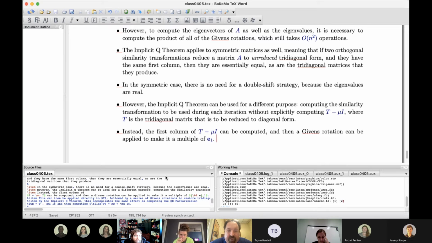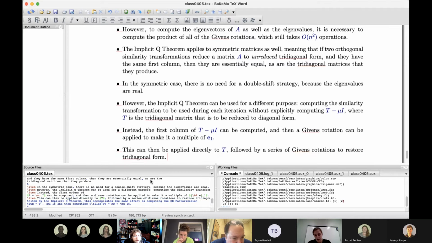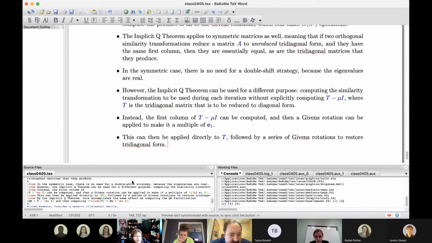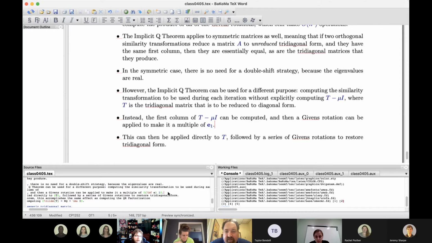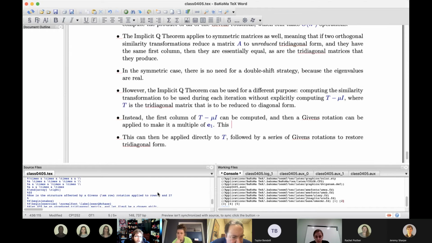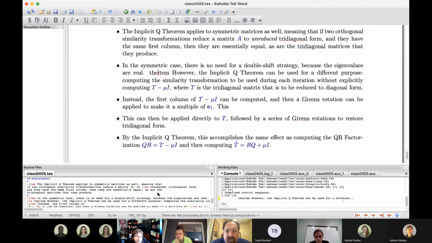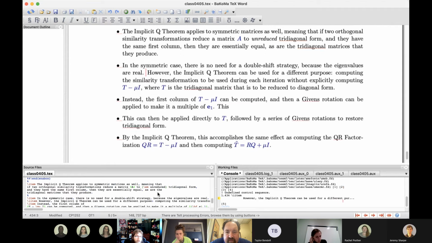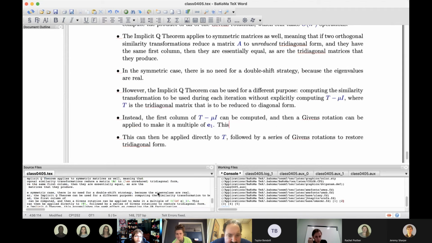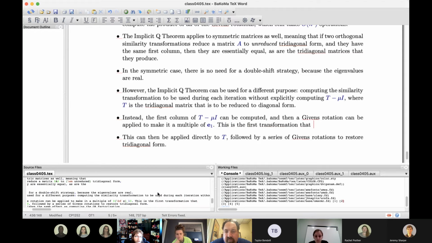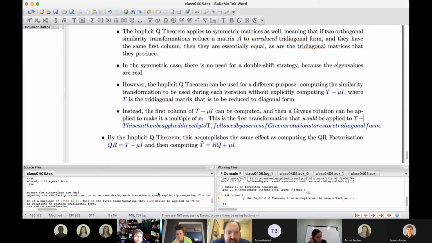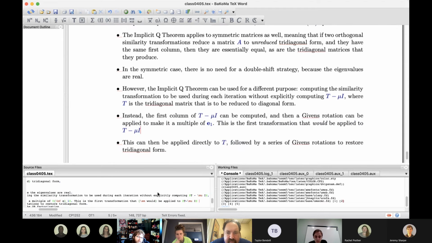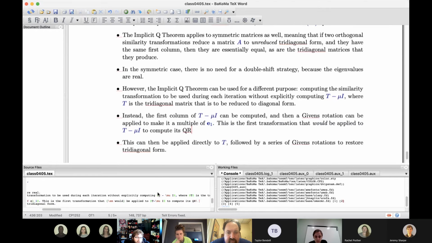The reason we do that is that's how you start computing the QR factorization of this matrix.